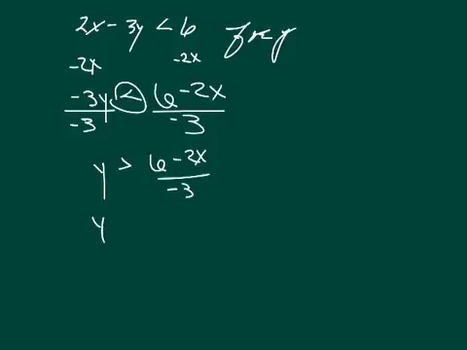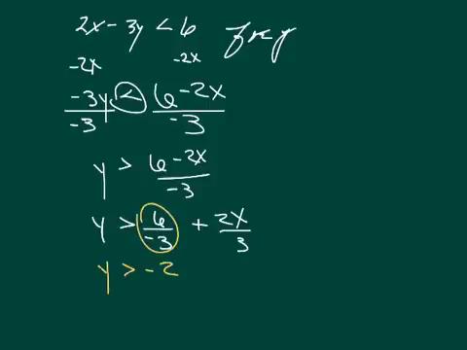And now I'm going to rewrite this as 6 over negative 3. Remember, I can split these up. And let's go minus 2x over negative 3. And we've got two negatives there, so that actually makes them positive. And I can actually erase that then. Okay, so 6 over negative 3 is negative 2.